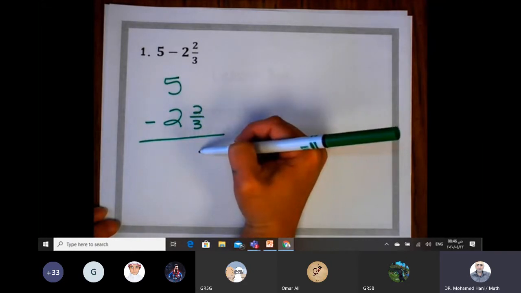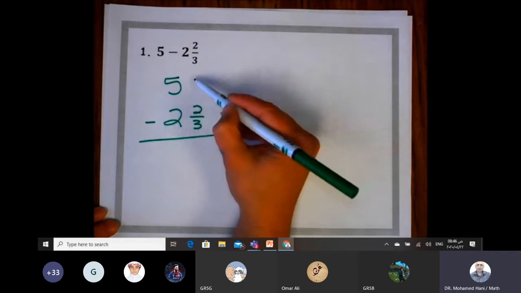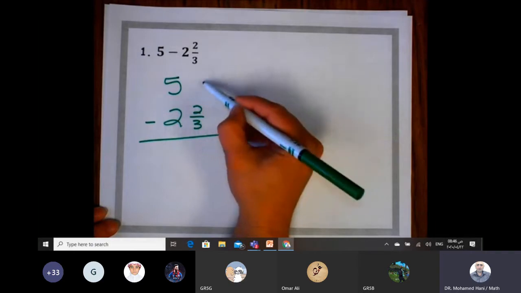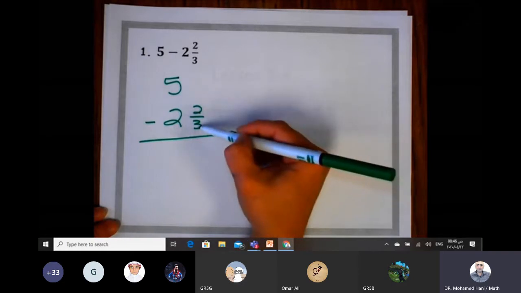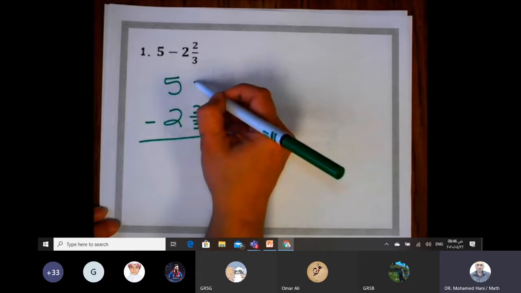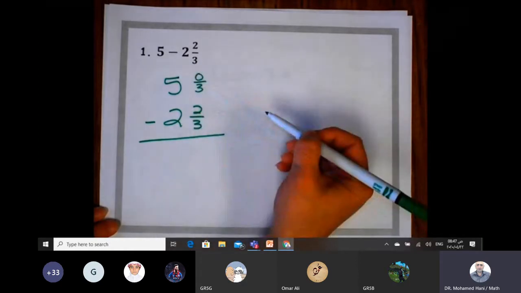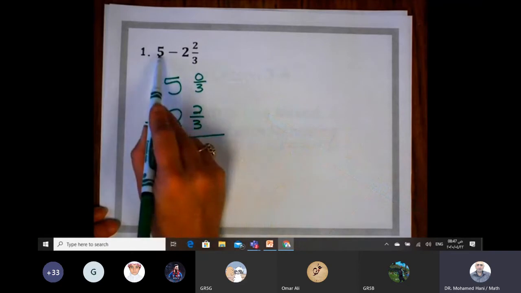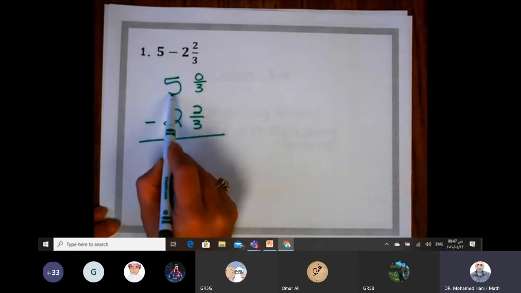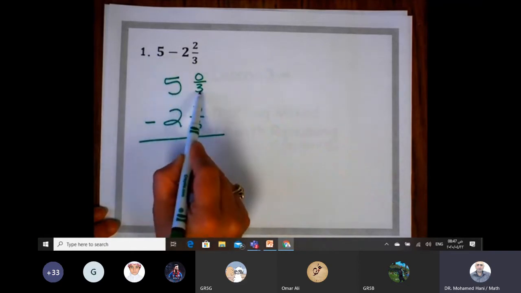That is not correct. You have to have a placeholder here to see if I can subtract. Since my denominator is already 3, and I know I have to have a common denominator, I'm going to put a placeholder of 0/3 because 5 wholes is equivalent to 5 0/3.